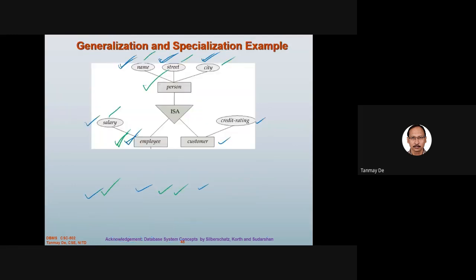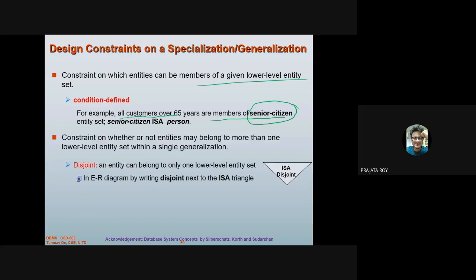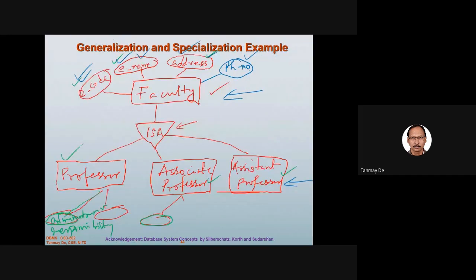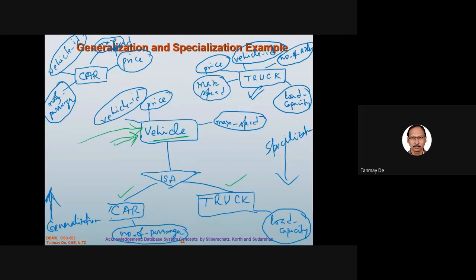Sir, I didn't understand. Could you explain again? Suppose this vehicle. Vehicle is one of the entities, yes.